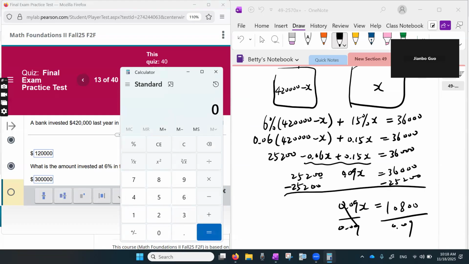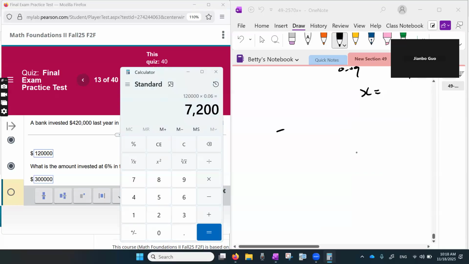And if we multiply 30,000 by 0.15 and plus 7,200. Oh no, I don't know. Let me write it down. 120,000 times 0.06 is 7,200. That's the interest from the first box.